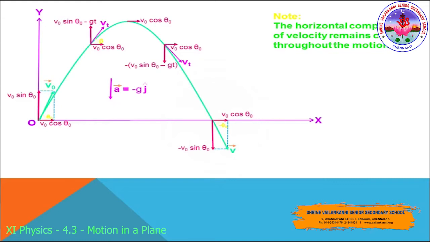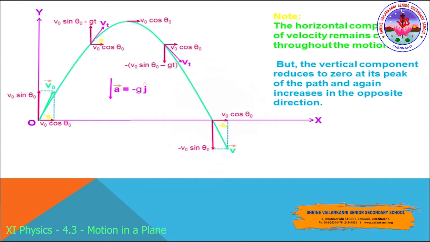The velocity remains constant throughout the motion, but the vertical component reduces to 0 at the peak of the path and again increases in the opposite direction. Got it? So under the combined effect of these two components, the body follows a parabolic path. It is a parabolic path, right?